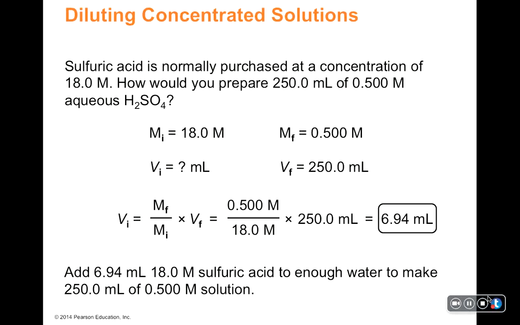You put in the numbers that you have, the 0.5 molar, the 18 molar, times 250 milliliters, and that gives you 6.94 milliliters. And so the way you could word this, you add 6.94 milliliters of the initial concentration to make the 250 milliliters of your solution.